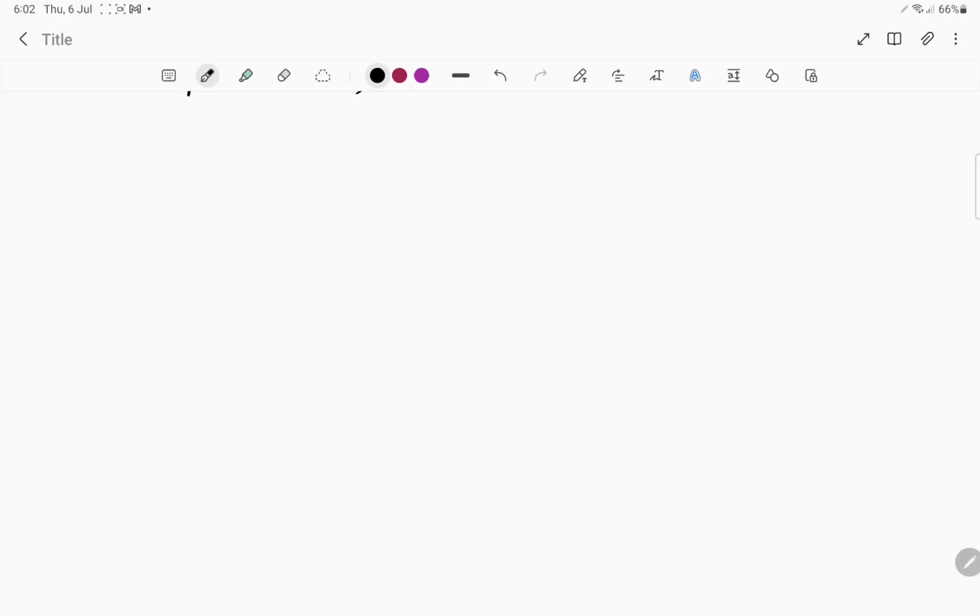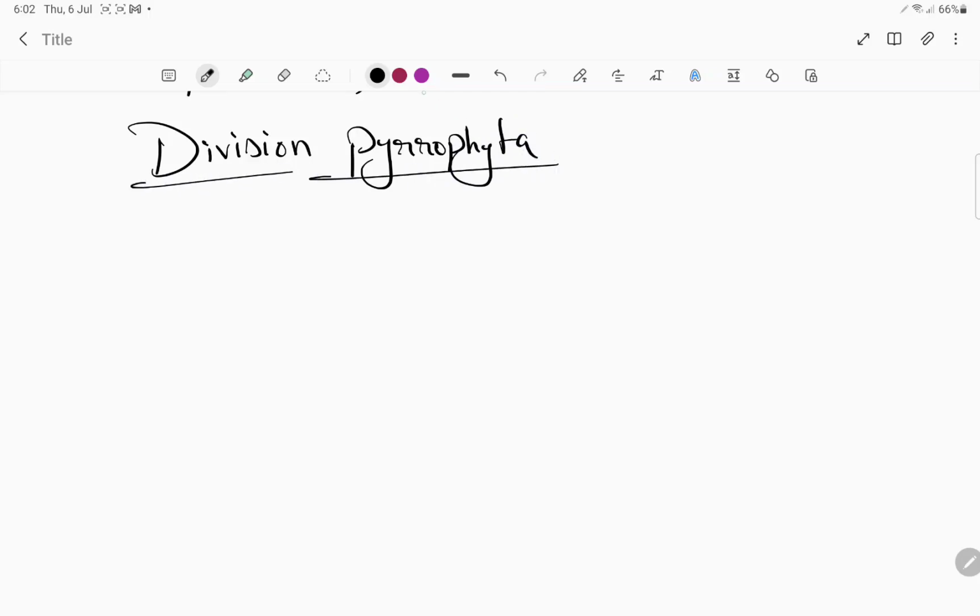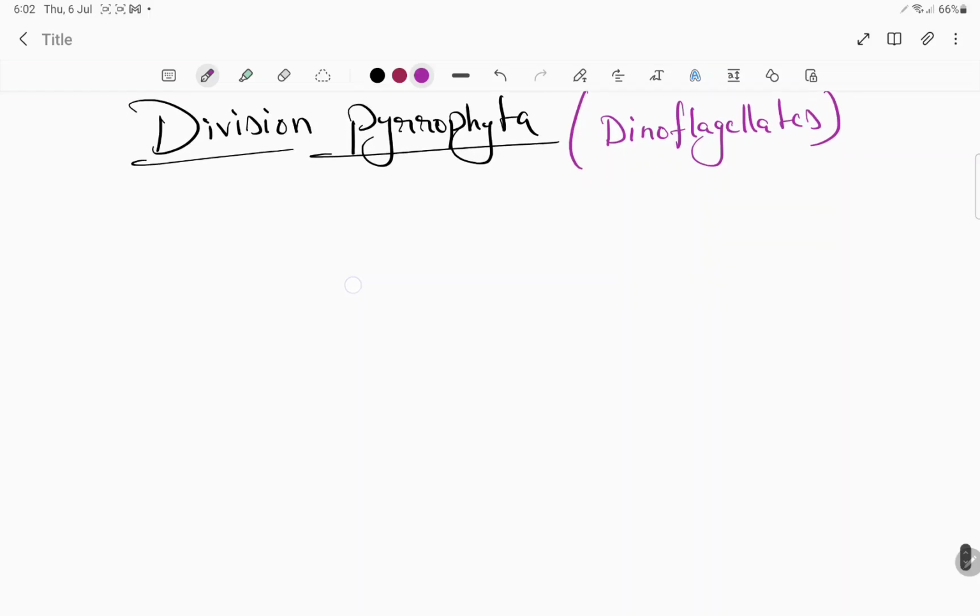And the next is Pyrophyta. The next division is Pyrophyta. So coming to this, we call this as dinoflagellates. They are mostly marine, but some are freshwater forms.